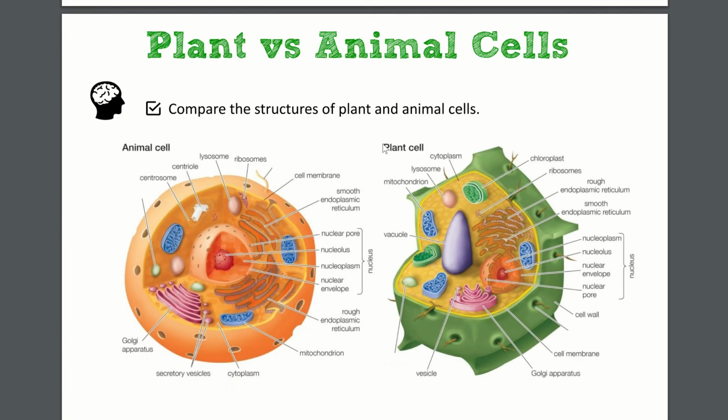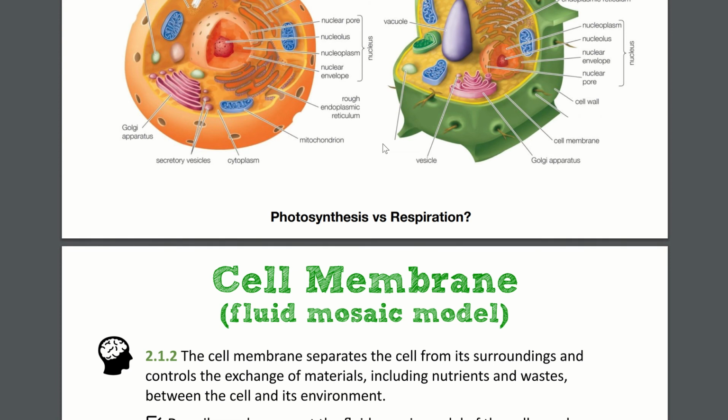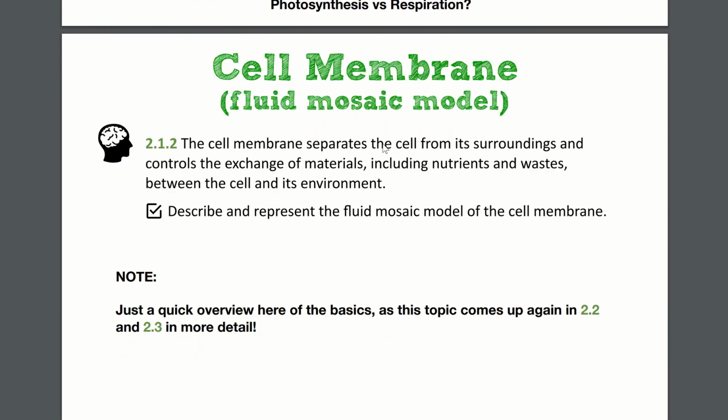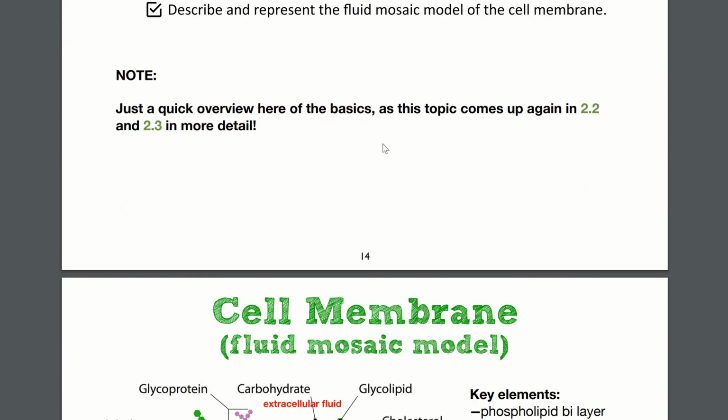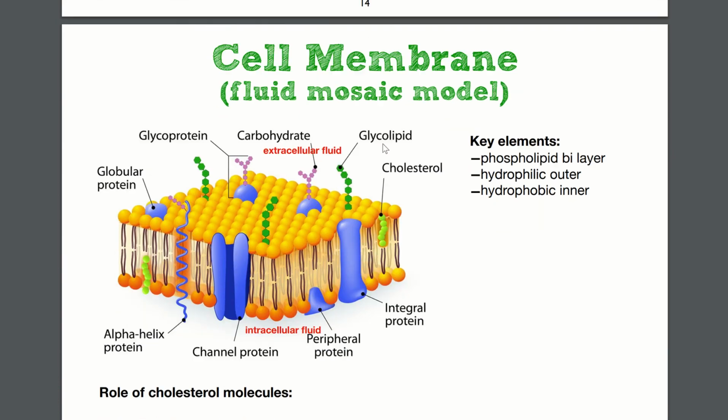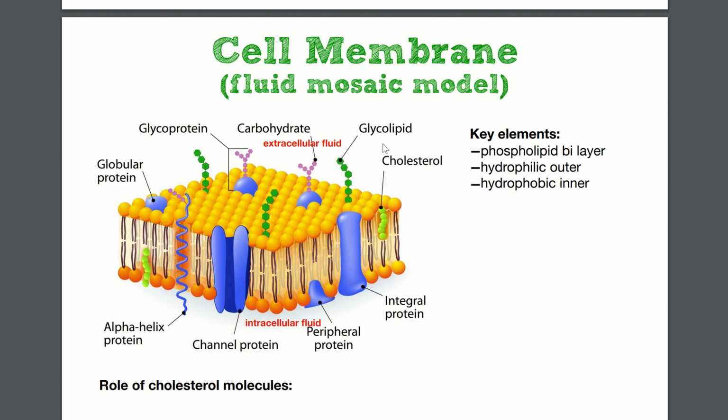Okay, plant and animal cells, cell membrane, fluid mosaic model. Again, this was something we covered last year, but it doesn't hurt to go over it again. When we're talking about membrane, we usually picture it as a sheet of paper, but thinner. But in real life, when you zoom into a cell membrane, it's actually a lot more complicated.